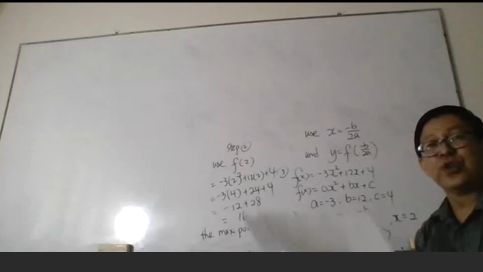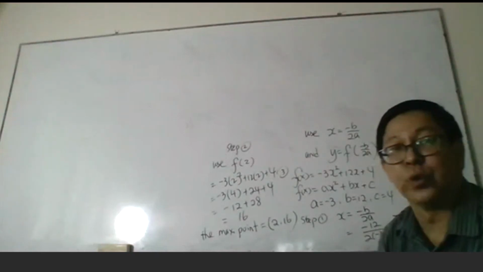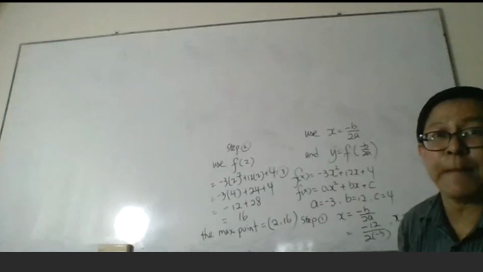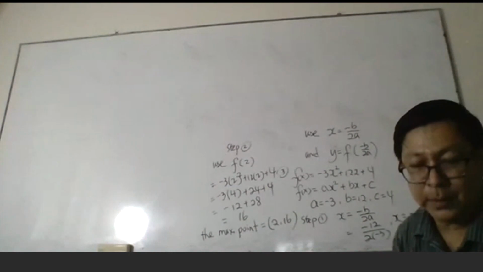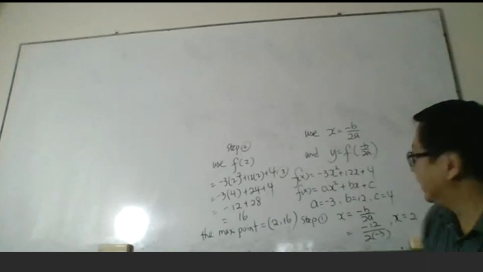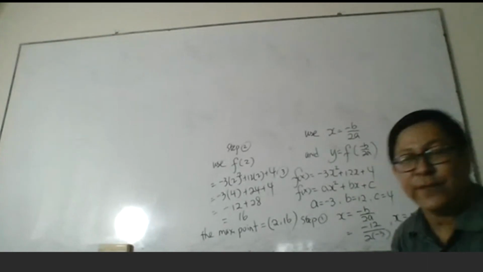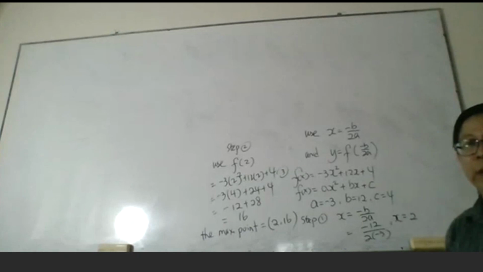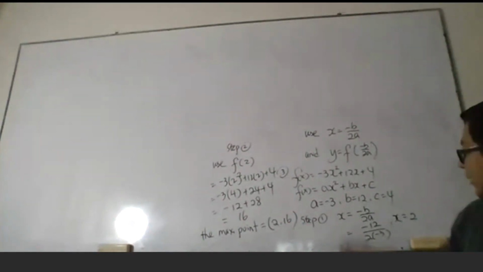Okay, I want you to respond to me. Whether your school teacher teaches you this method or not. No. So is it simple and easy for you rather than method of completing the square? You just need to know x equals -b over 2a.